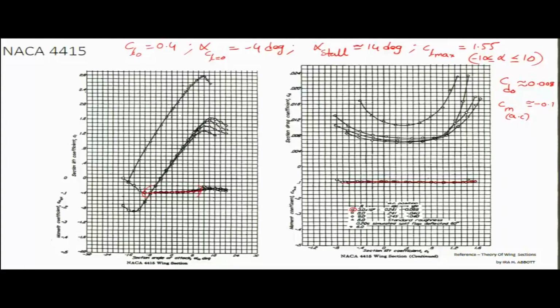So we can consider this moment reference point as the aerodynamic center. Why? Because the pitching moment remains almost constant with angle of attack in this particular regime. So this is the CM variation with angle of attack.